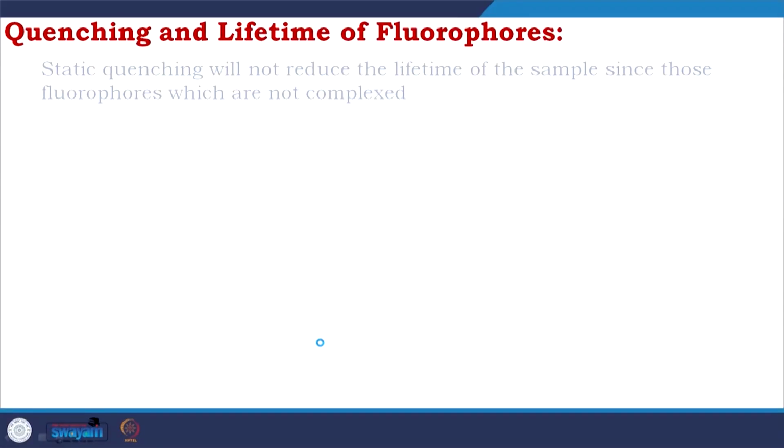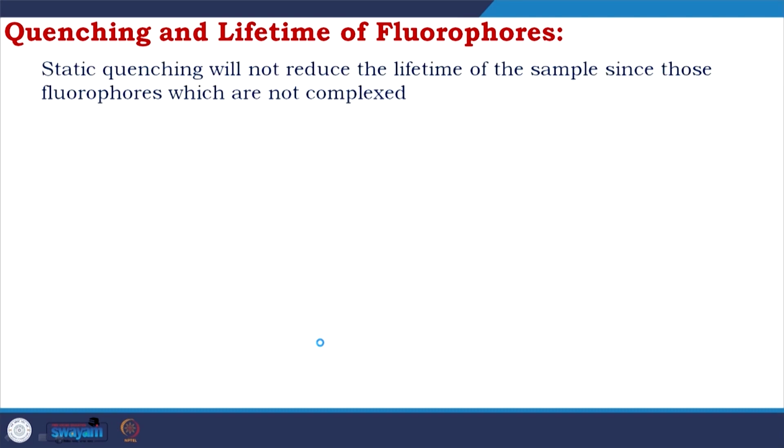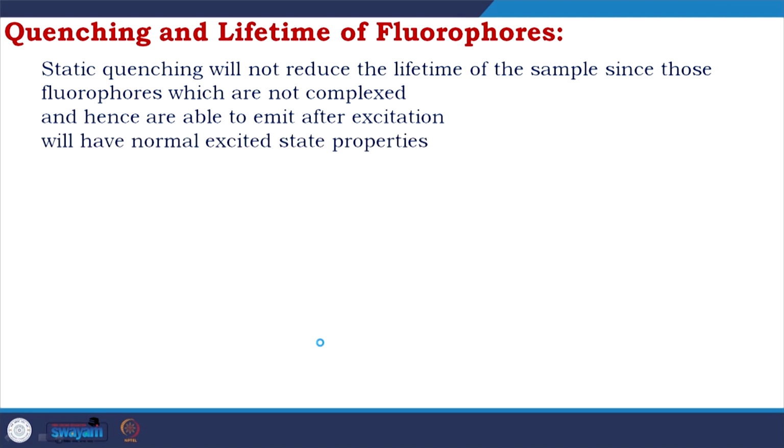Quenching and lifetime of the fluorophore. Static quenching will not reduce the lifetime of the sample, since those fluorophores which are not complexed work like a normal one and hence are able to emit after excitation. We will have normal excited state properties.